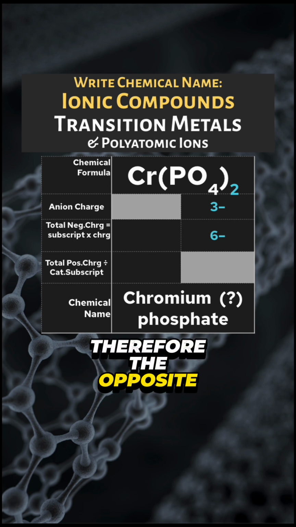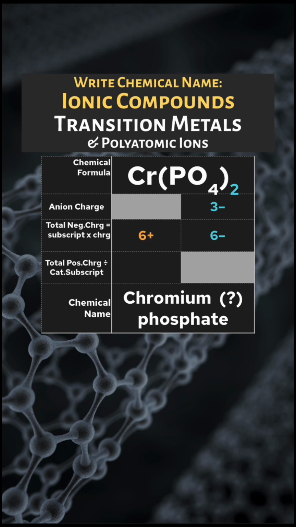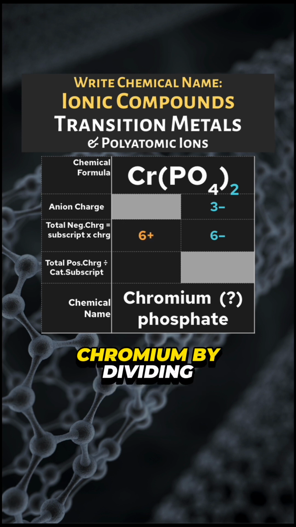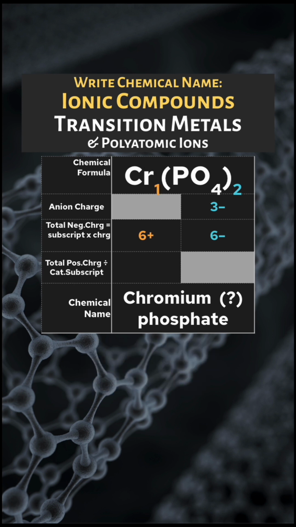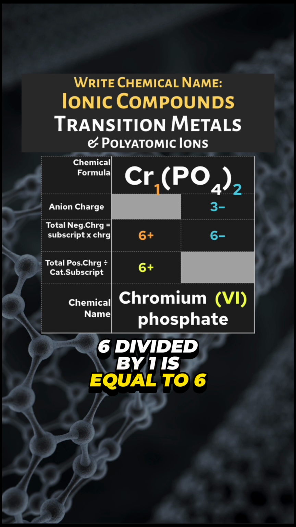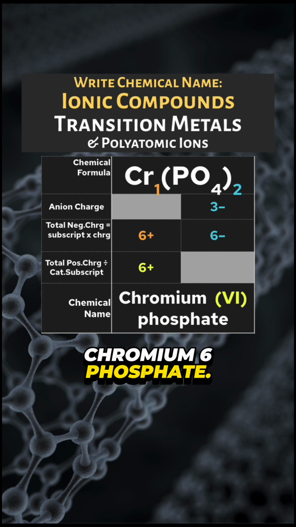Therefore, the opposite charge of the cation must add up to a +6. Then we verify the charge on chromium by dividing by the understood 1 subscript on chromium. 6 divided by 1 is equal to 6. Therefore, the chemical name for this chemical formula must be chromium(VI) phosphate.